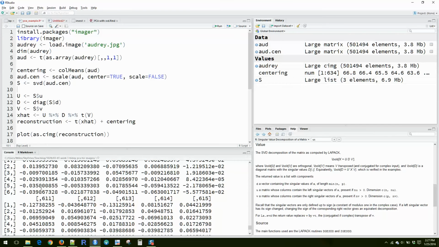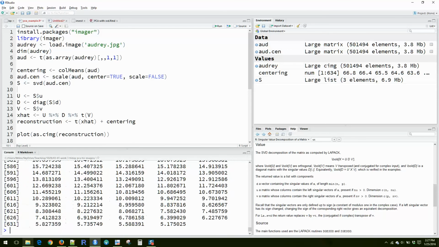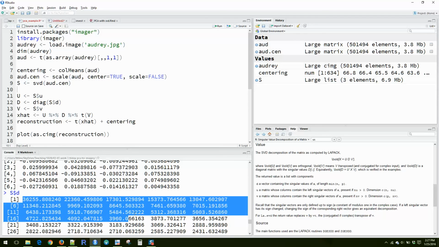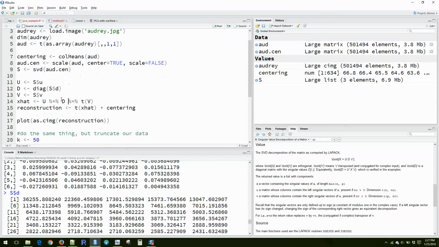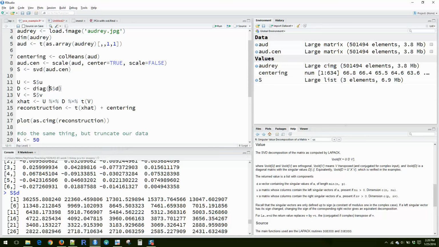And so the diagonals is S $D, and this is just 634 values, where it is just the elements of the diagonal of this, okay? But we have to turn it into a diagonal matrix by using the diag function. No, it gives you a vector, okay?